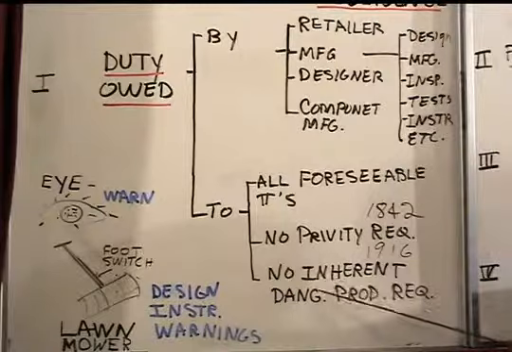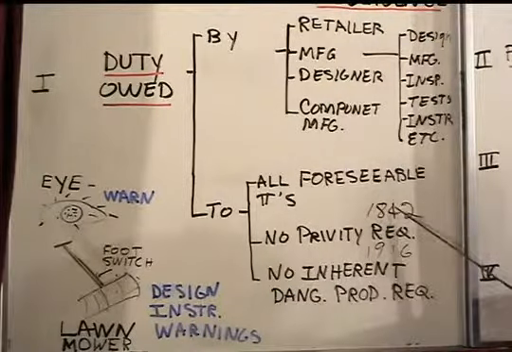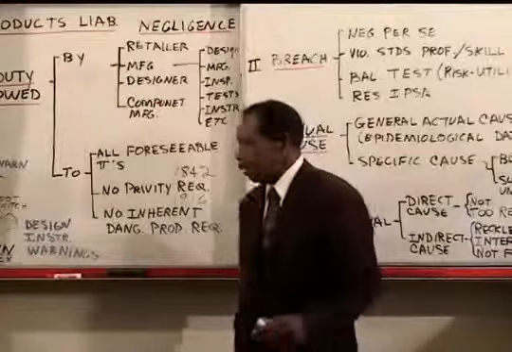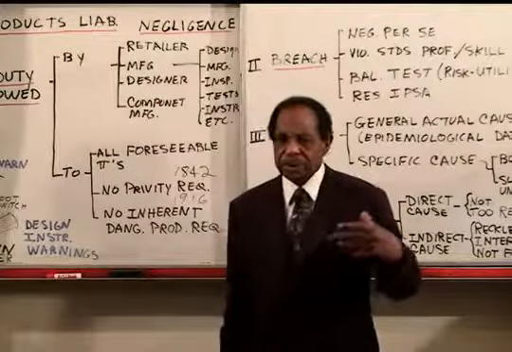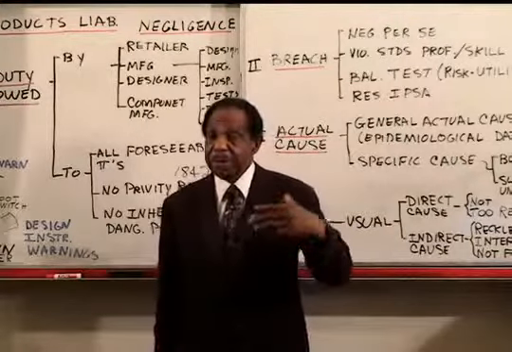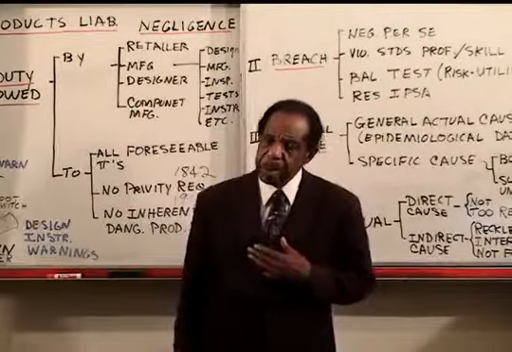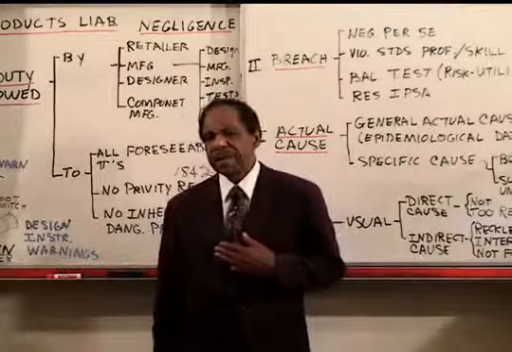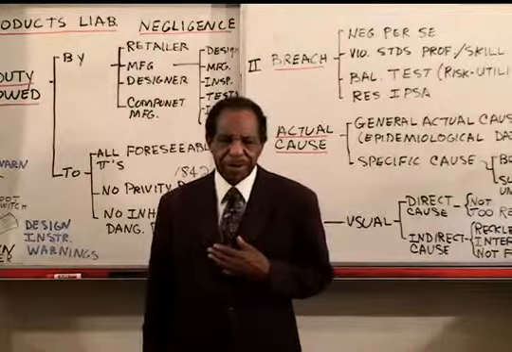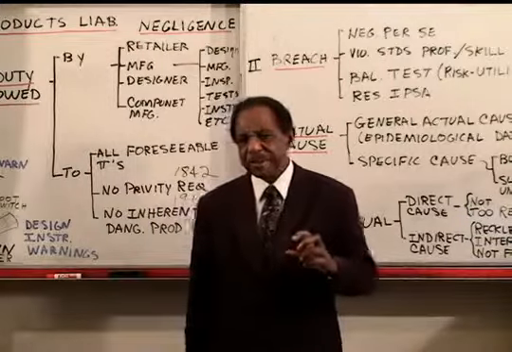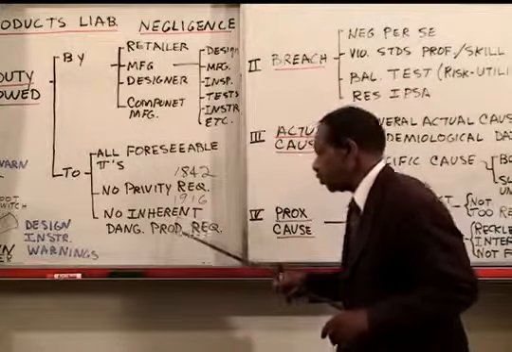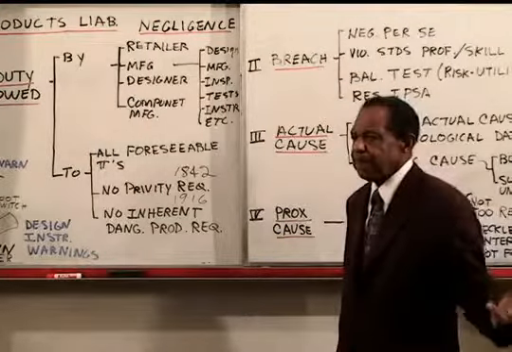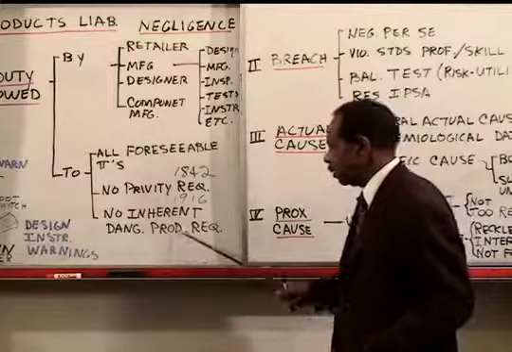But even during this period from 1842 to 1916, when you couldn't recover without the privity, the court made a bunch of exceptions. They said, well, there are certain things where you can sue the real maker even though you don't have a contract with them. In cases of inherently dangerous products and food, you can sue people higher up on the chain even though you didn't deal directly with them.